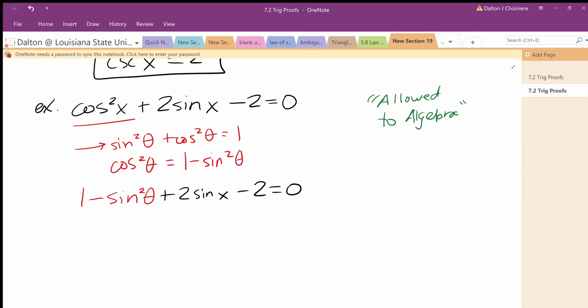Do you see something you can do? Add to, what do you mean? Sure. So that would be 1 minus sine squared theta plus 2. Oh, I changed this theta. I'm using thetas and x's. Sorry. Just pick one. Is equal to 2. Okay, cool.